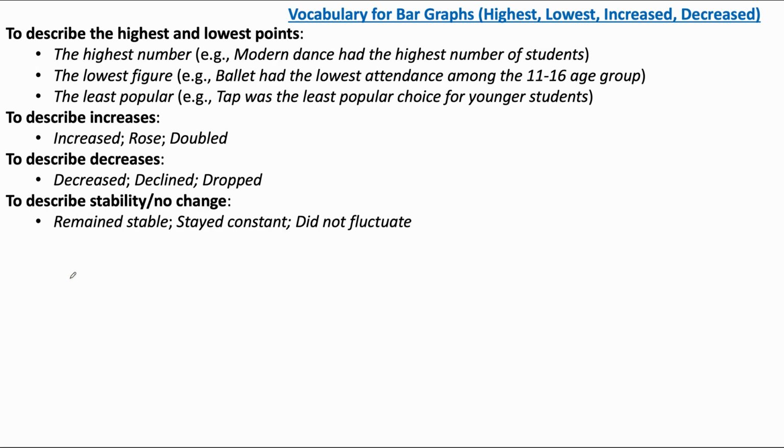For bar graphs, we usually need vocabulary related to trends. But as we already mentioned, the bar graph we are working on does not have different years mentioned. So the trend over the years is something that we do not need to work on. The vocabulary for highest and lowest numbers we'll certainly need.